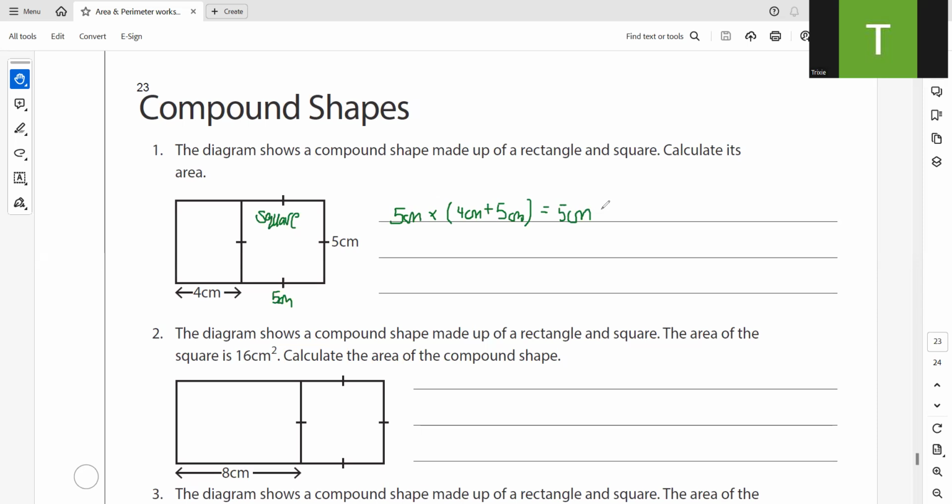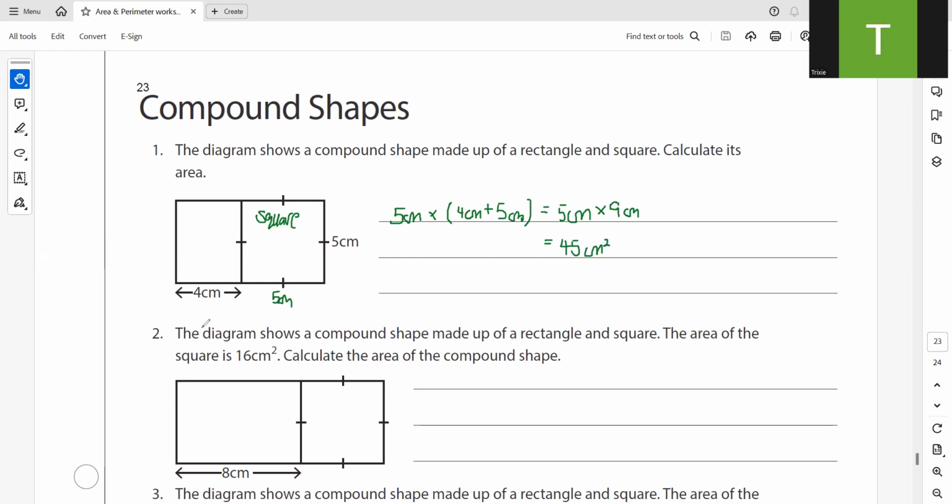So we do the one in brackets first, which is 4 plus 5, and it's 9 cm. So it's 5 cm times 9 cm. You'll get 45 cm squared. Remember the unit.